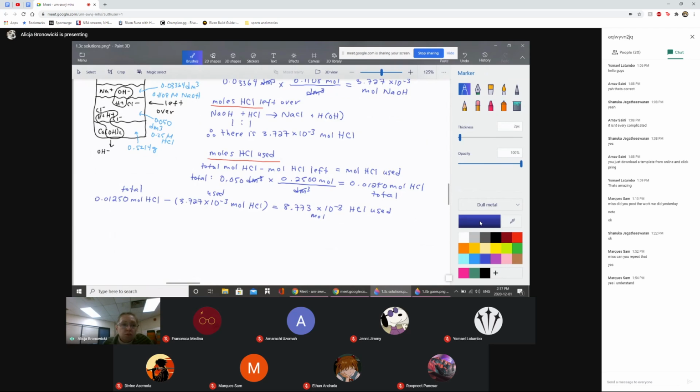Now I know how many moles of HCl I've used, so how much calcium hydroxide did that react with? I have to link these two with the formula. Ca(OH)2 plus HCl gives me CaCl2. There's a 2 there, there's a 2 there, so 2 moles. Let's just do the math.